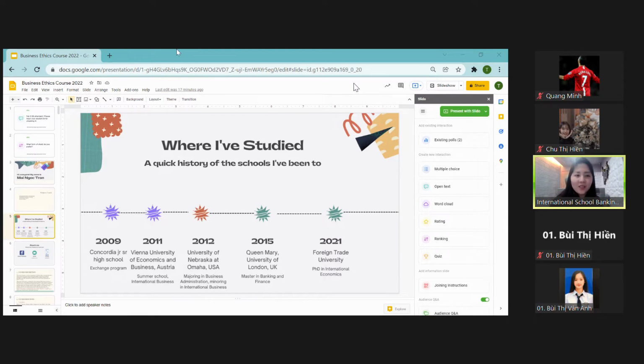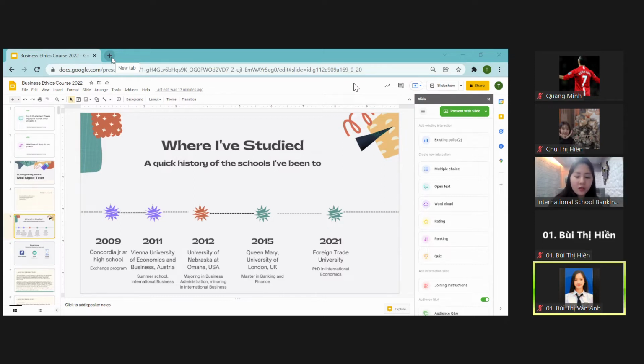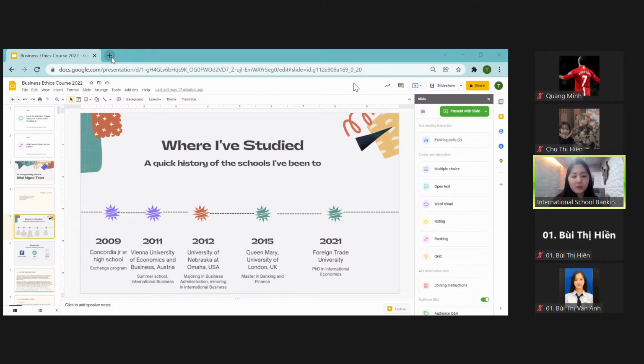Okay, so simply, an exchange program allows students in one country to transfer to study in a school in a different country, and have students from that country and that school come and study in our school in our country.